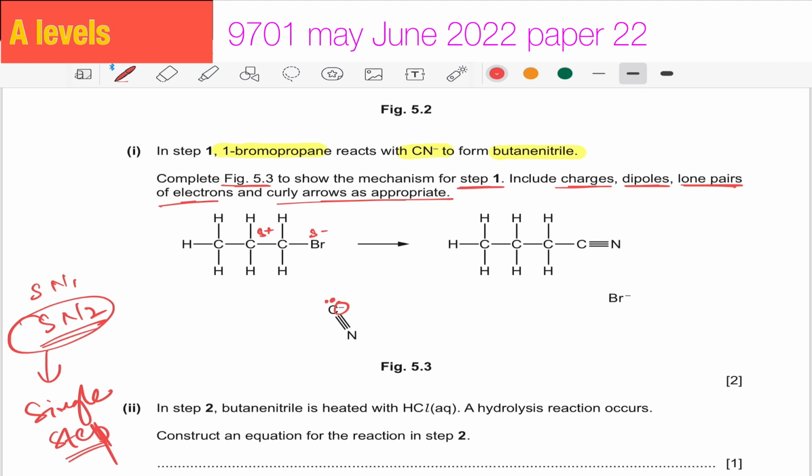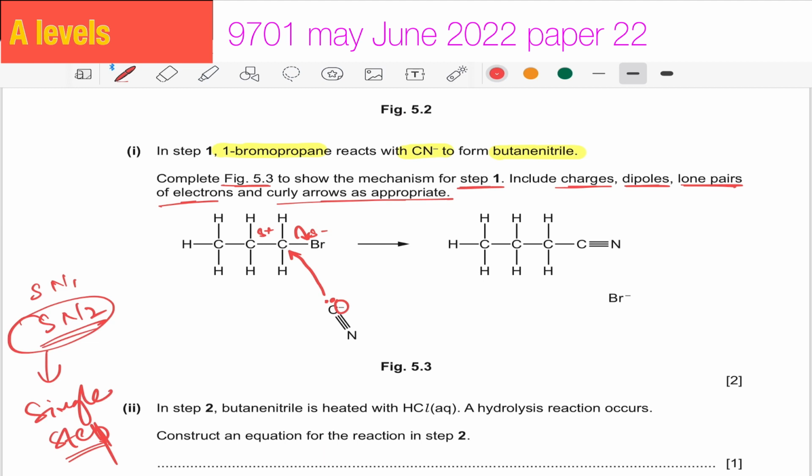So the nucleophile would attack the partial positive carbon atom, right? We will draw an arrow from the lone pair of carbon toward this partial positive carbon atom, and when this cyanide ion tries to make a bond with this carbon, these electrons will be transferred to Br as it is more electronegative. It is a good leaving group. So this would be the mechanism we have drawn.